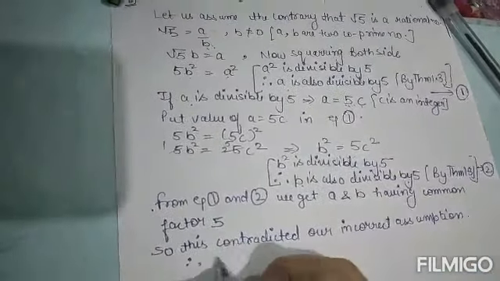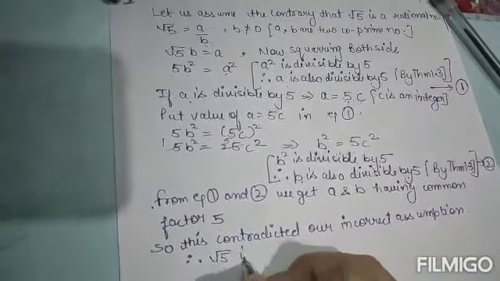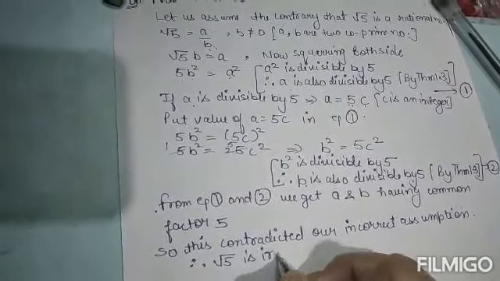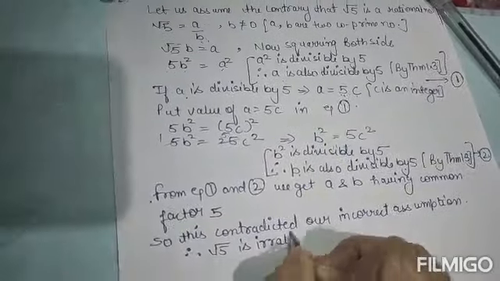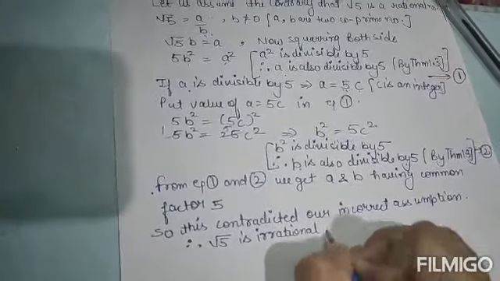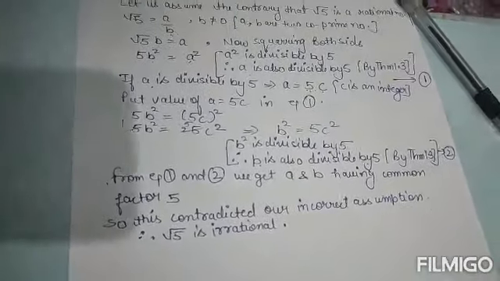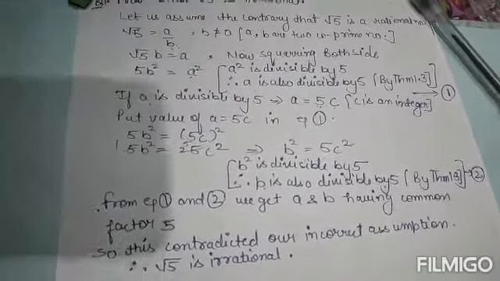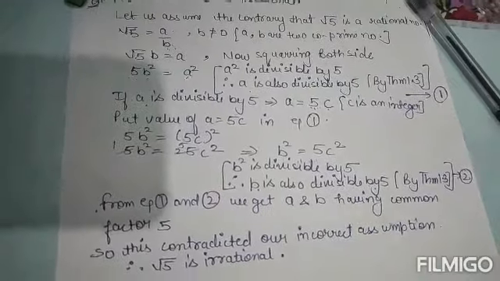So therefore root 5 is irrational. यही हमें प्रूव करना था कि root 5 is irrational, and look, we have proved it. Same procedure.